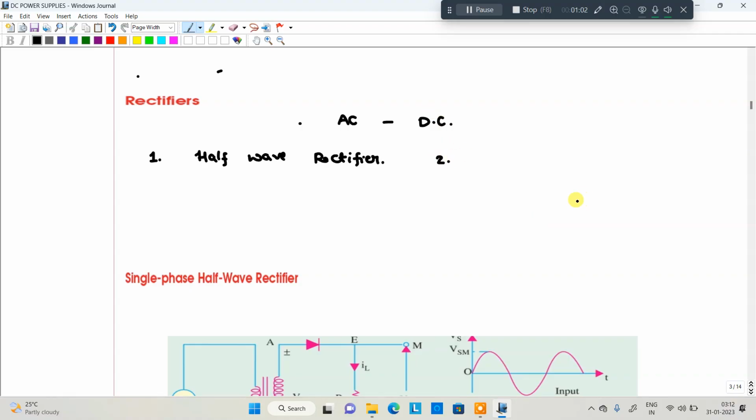The second one is the full wave rectifier. Okay, this is the second case. Third one, the full wave bridge rectifier.